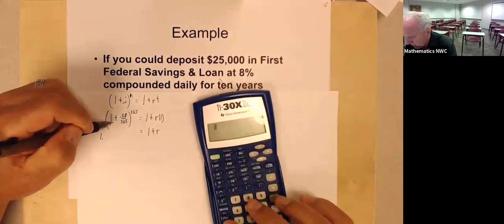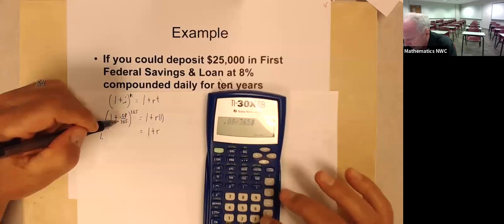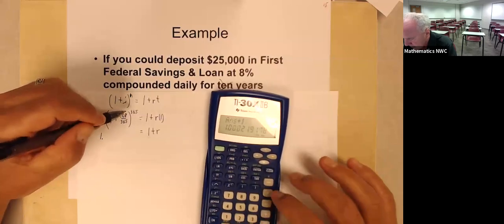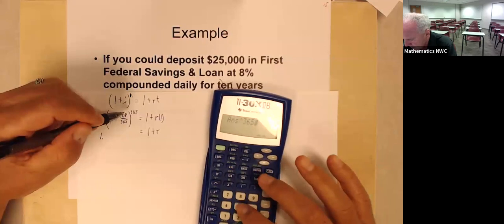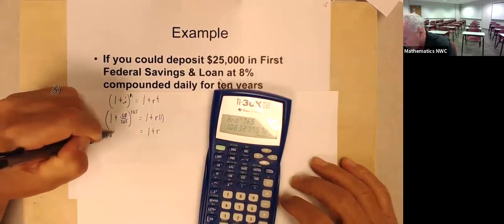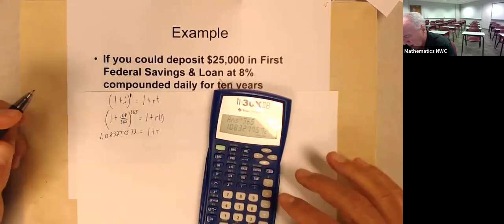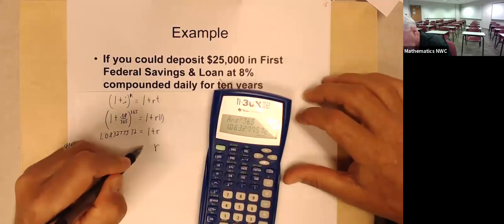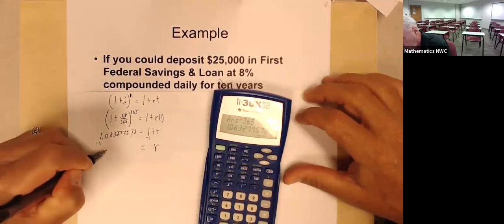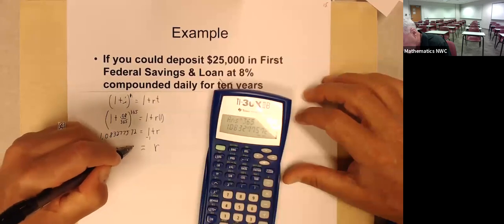I'm going to go to my calculator. 0.08 divided by 365, enter. Add 1 to it, enter. Raise it to the power 365, enter. And I get 1.0832777572. I subtract 1 from both sides. Minus 1 gives me 0.0832777572.